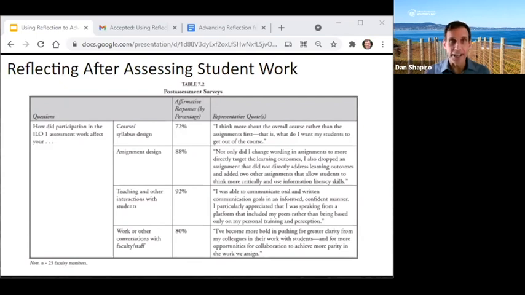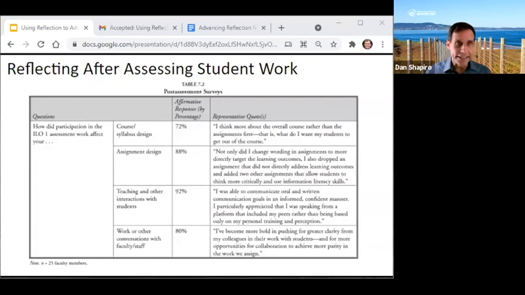Some representative quotes include, I think more about the overall course rather than assignments first. That is, what do I want my students to get out of the course? For assignment design, not only did I change wording in assignments to more directly target the learning outcomes, I also dropped an assignment that did not directly address learning outcomes and added 2 other assignments to allow students to think more critically and use information literacy skills.